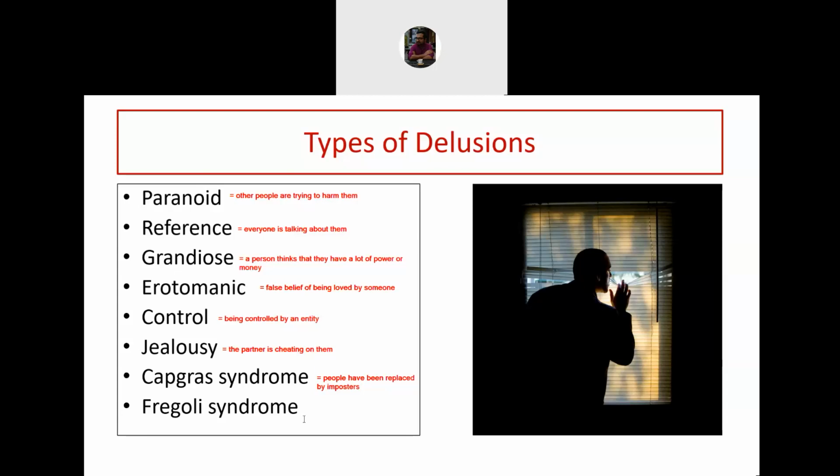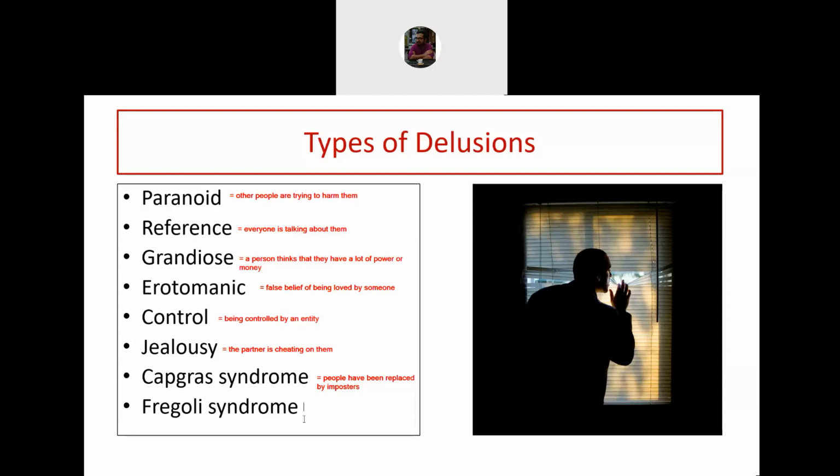Fregoli syndrome is somewhat opposite of this. Here, the person thinks that the same person is dressing up like different people and presenting to him. So it's somewhat like, as the literature in A Series of Unfortunate Events flows, how Count Olaf would present himself in different ways repeatedly.